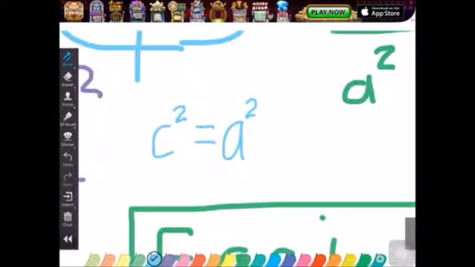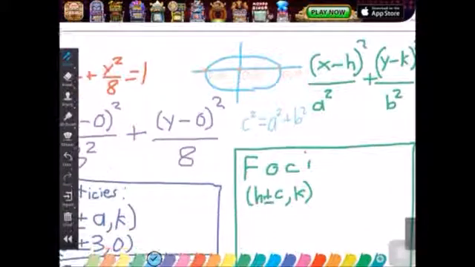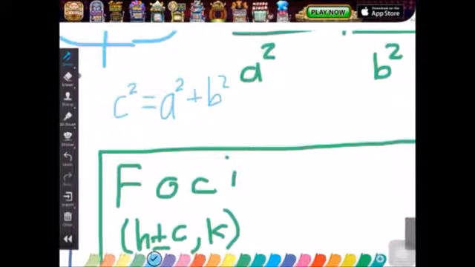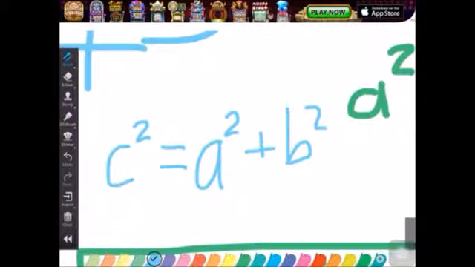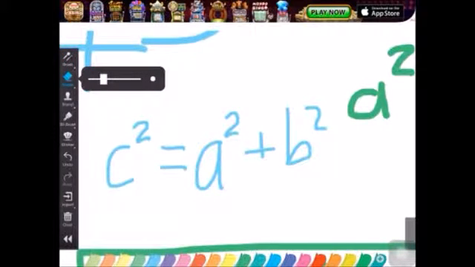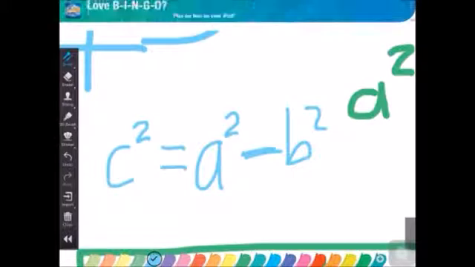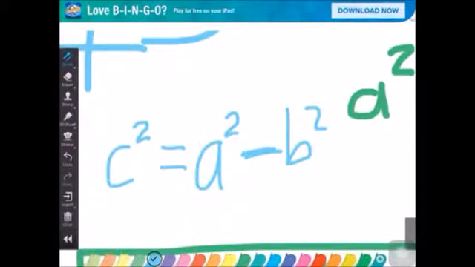So c squared equals a squared over b squared. So simply all we need to do is plug in the a squared and b squared values, which would be 9 and 8. Oh, I made a mistake. Okay, that's the Pythagorean theorem. This is not the equation for c squared. The actual equation for c squared is c squared equals a squared minus b squared. Alright, sorry about that.